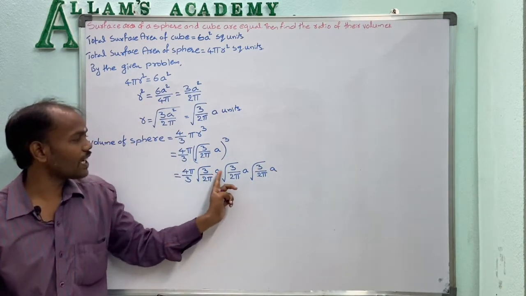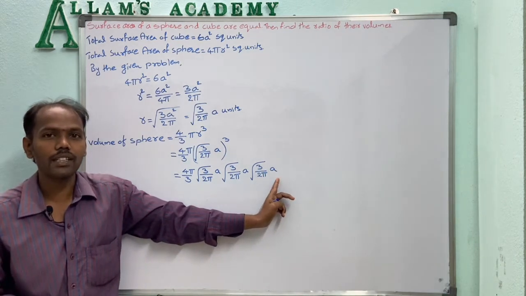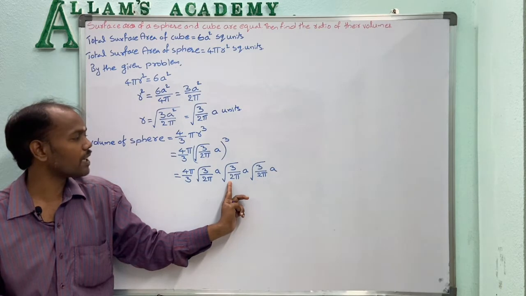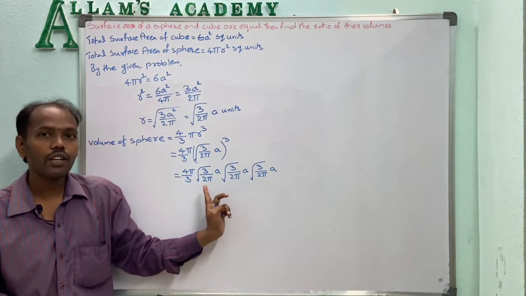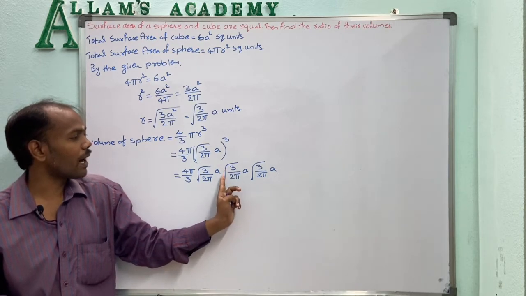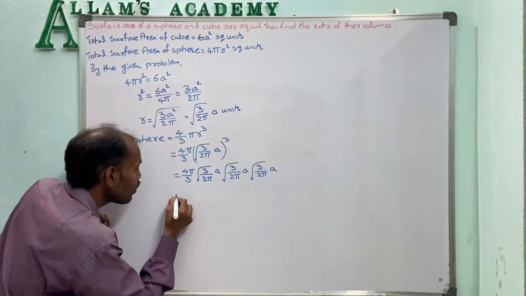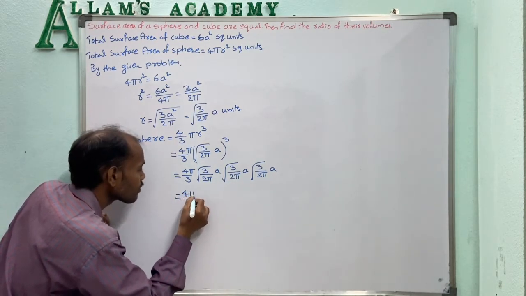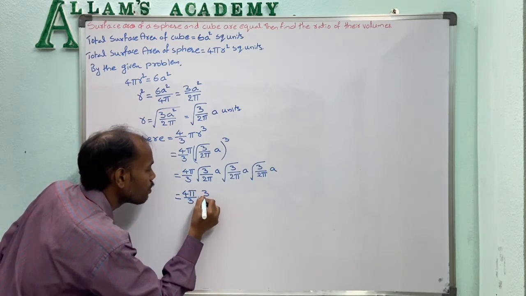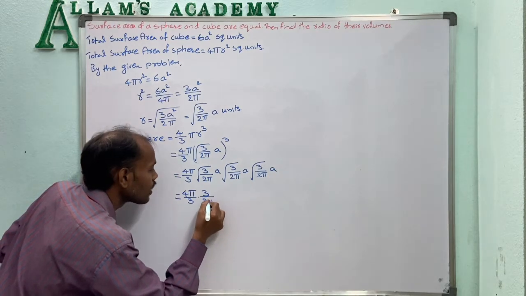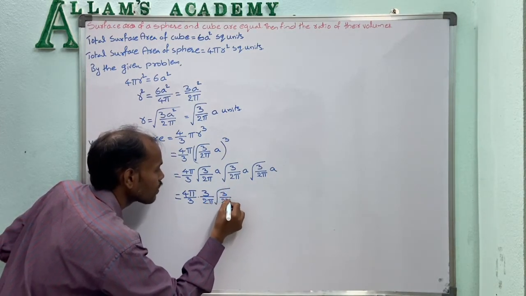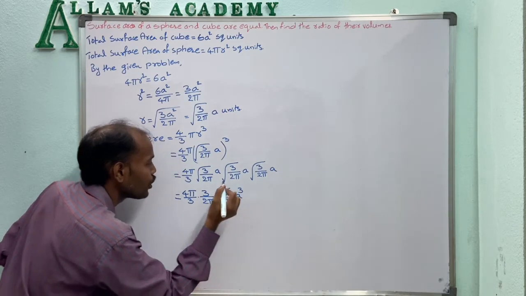So here a into a into a is a cube. Root 3 by 2 pi into root 3 by 2 pi is root 9 by 4 pi square, which is nothing but 3 by 2 pi. So 4 pi by 3 into 3 by 2 pi into root 3 by 2 pi a cube.